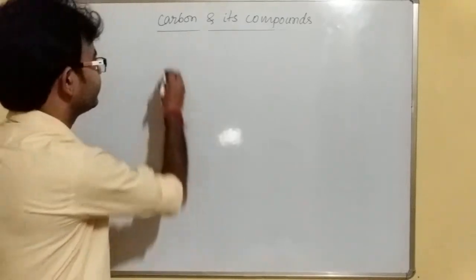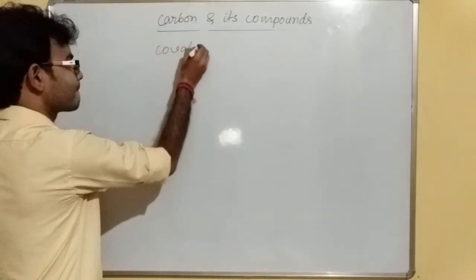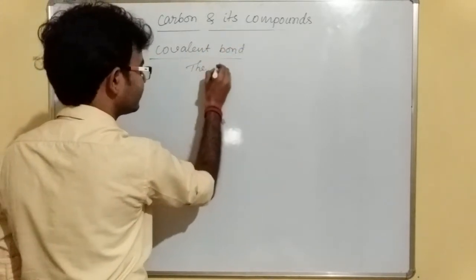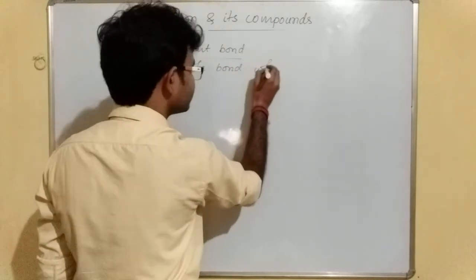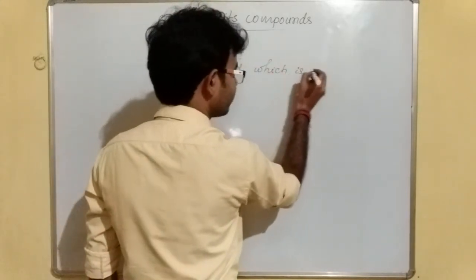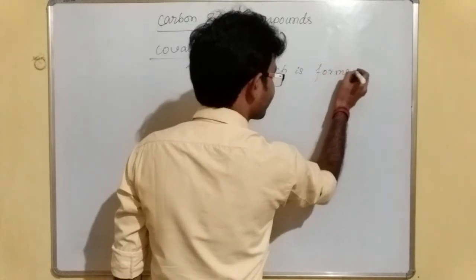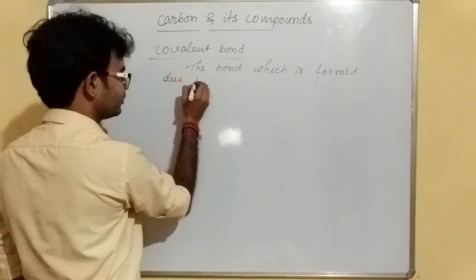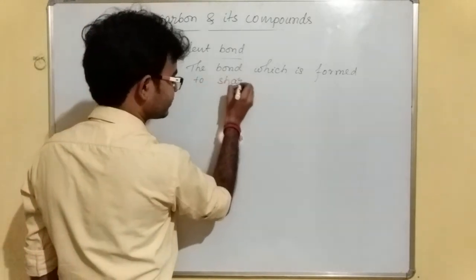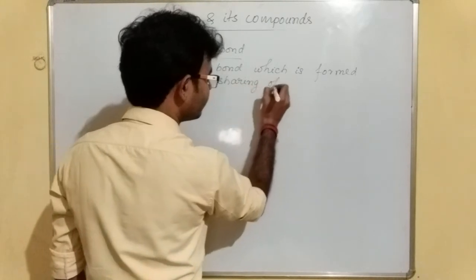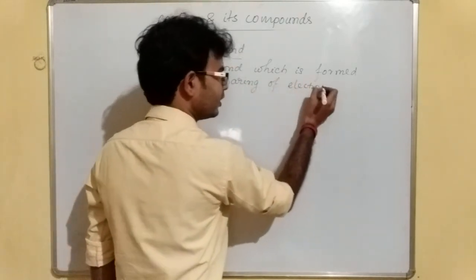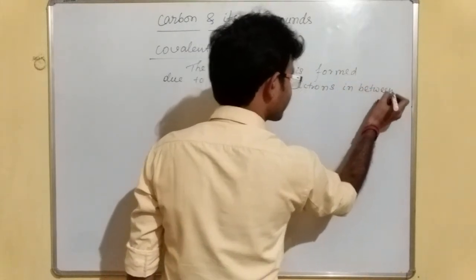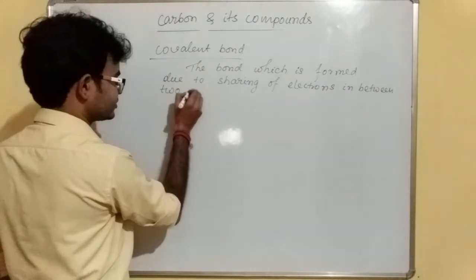Now let us discuss covalent bonds. The bond which is formed due to sharing of electrons in between two atoms.